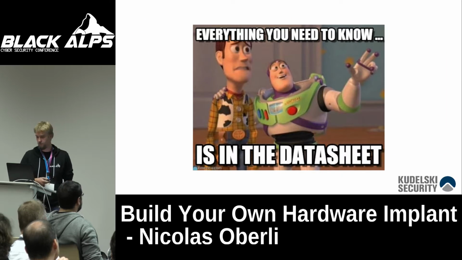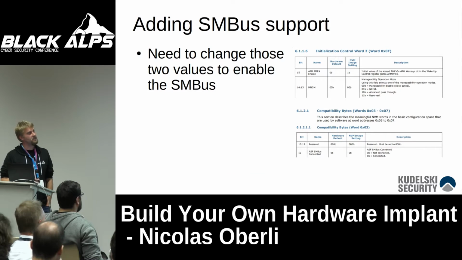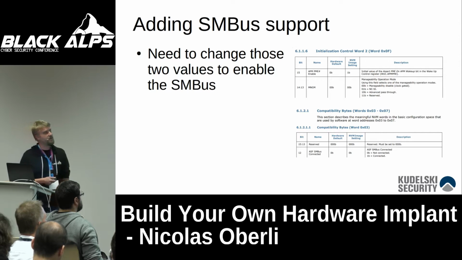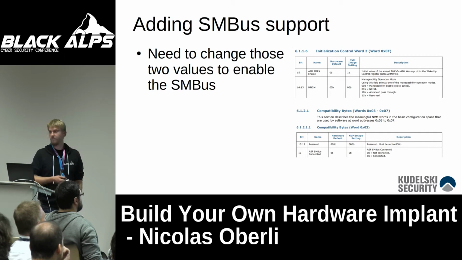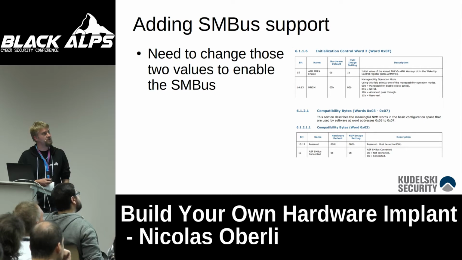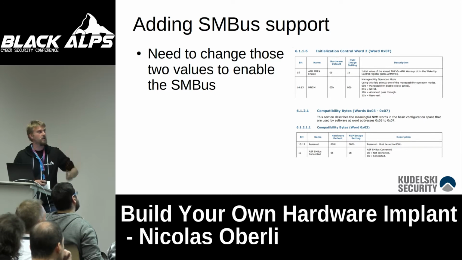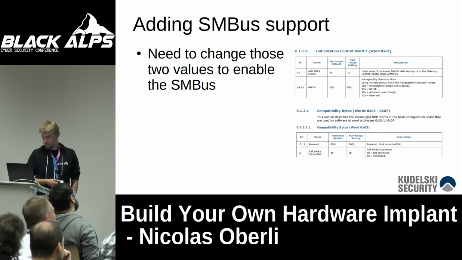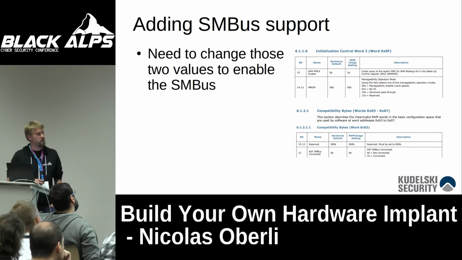Again, you just need to read the datasheet and follow it, and you will see that you need to change 2 different values, which are documented by the vendor. You need to change the address there to set the management interface to enable that, so you change that specific bit from 0 to 1. And in that part too, you need to change that specific bit from 0 to 1.